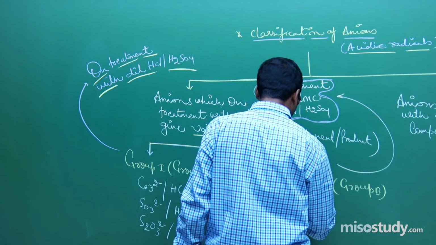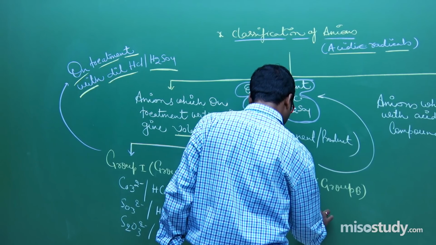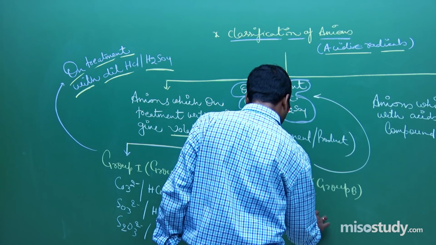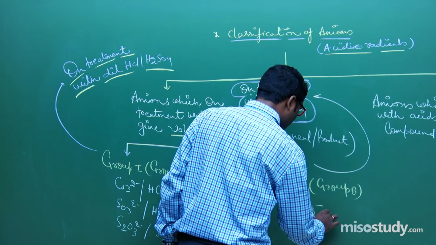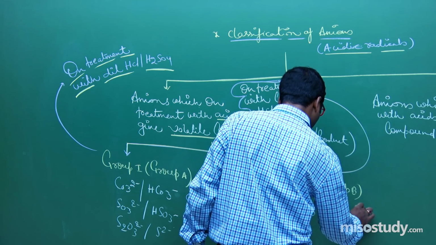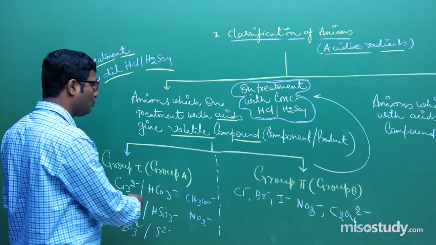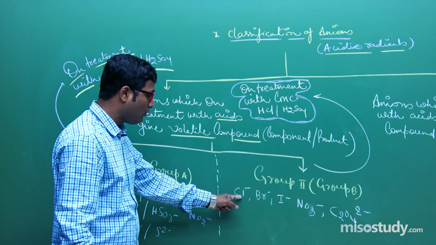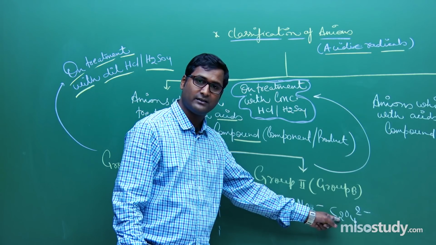Chloride, bromide, iodide, nitrate, NO3 minus. Clear to you? Now there comes oxalate, C2O4 2 minus. This is the subclass: chloride, bromide, iodide, nitrate, oxalate.